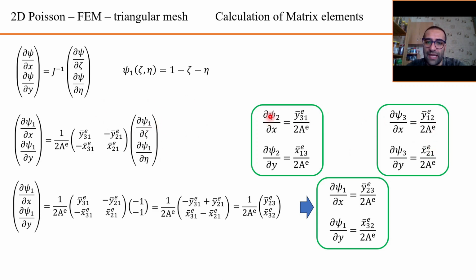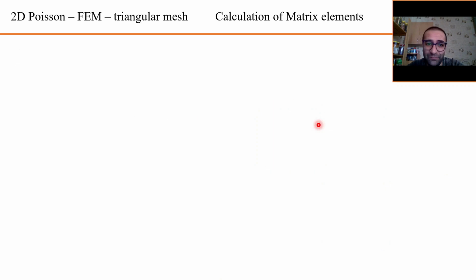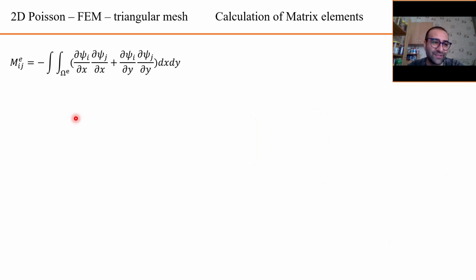Now that we calculated the derivative of psi with respect to x as a function of the derivative of psi with respect to zeta, it's time to substitute here. But we calculated this in the new coordinate, and we also need to calculate the integral not in the xy coordinate but in the eta and zeta coordinate.